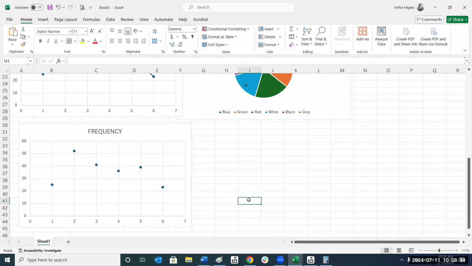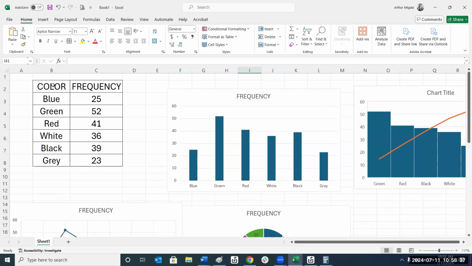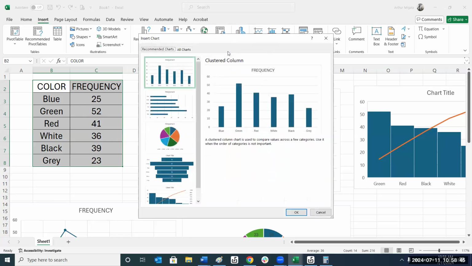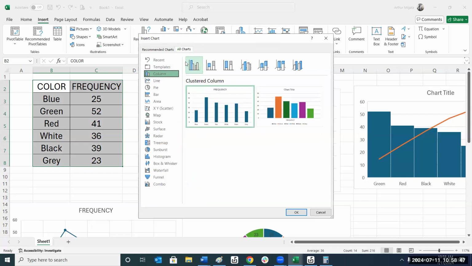And the last one we can do, if I can find a stem and leaf. Got a funnel, got box and whiskers. We'll talk about those later on in this course.